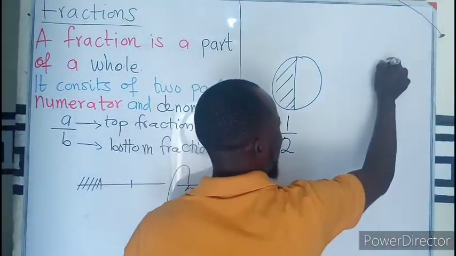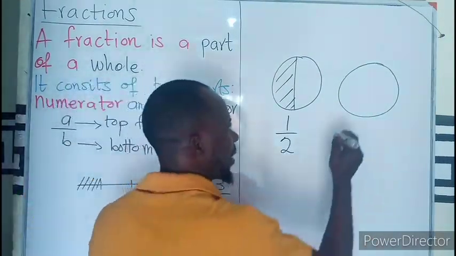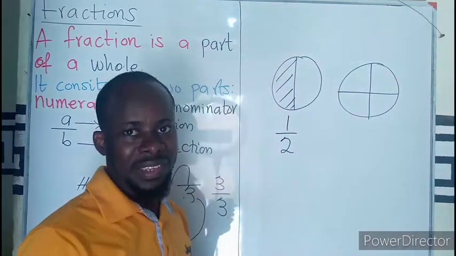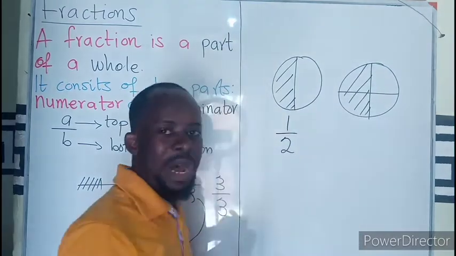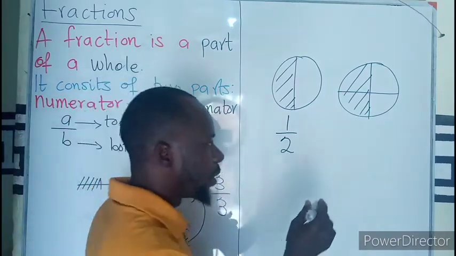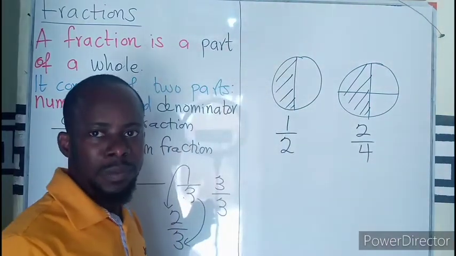If I have the same orange, the same size, and it is divided into 4 parts, and I have taken 2 parts, that is 2 out of how many parts? 4. Meaning I'll be having 2 out of 4.